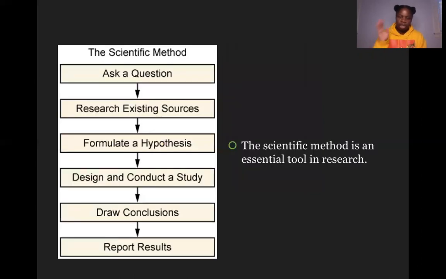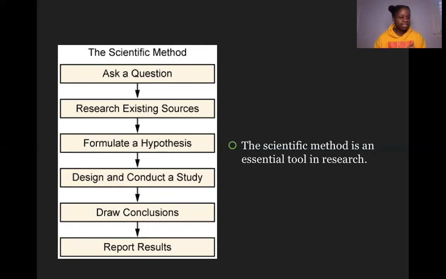Okay? Chapter 2 starts off by talking about the scientific method. The scientific method is an essential tool in research, specifically in sociological research. The first step of the scientific method is to ask a question, describe a problem, and identify specific areas of interest, right?